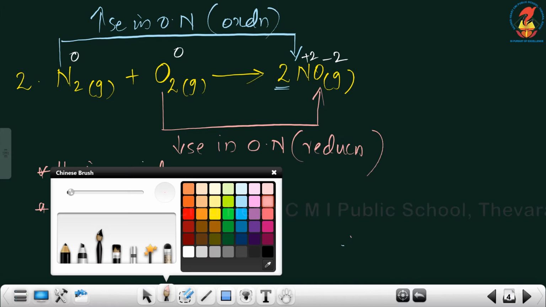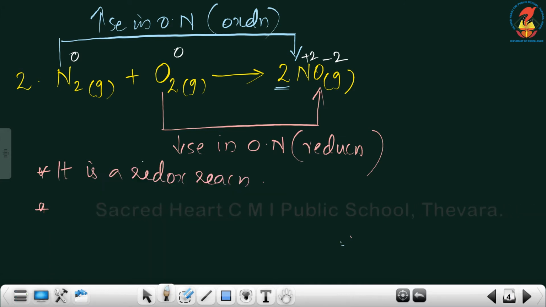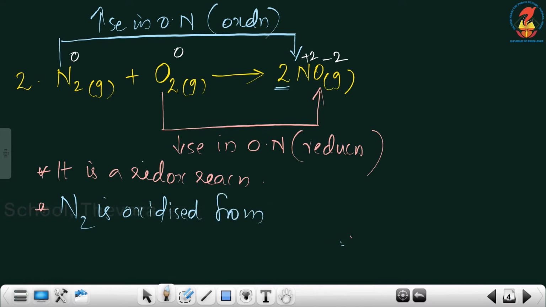The first point is because nitrogen is oxidized, or N2 is oxidized from 0 to +2 oxidation state.